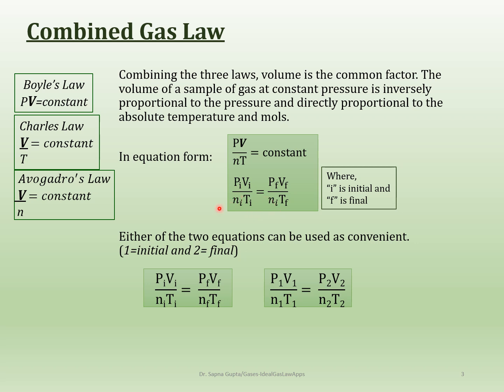Okay, so again, you're looking at initial and final conditions if you change one of the properties. So if you change the volume of the gas, or if you change the pressure of the gas, what's going to happen to the other things? So that's kind of what you study with this combined gas law, all right?